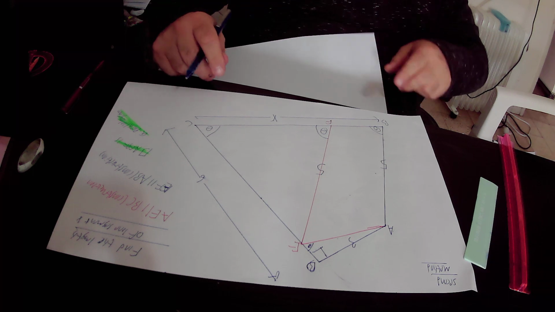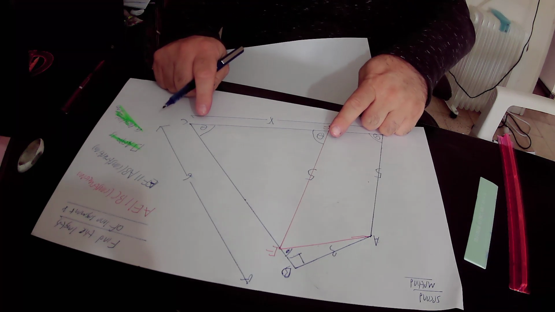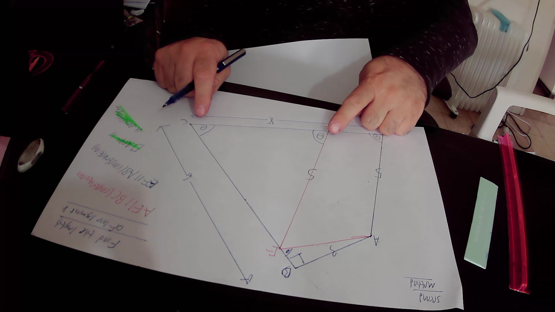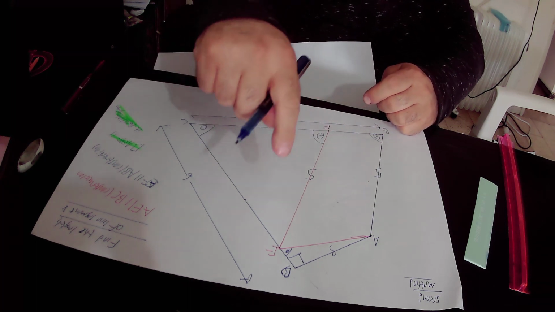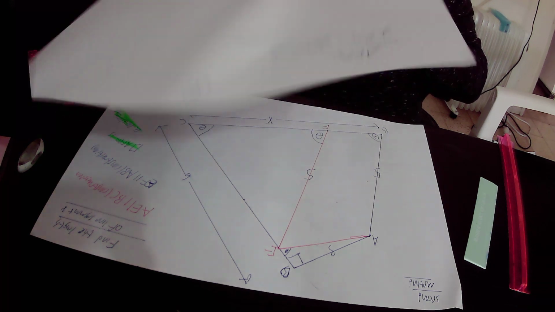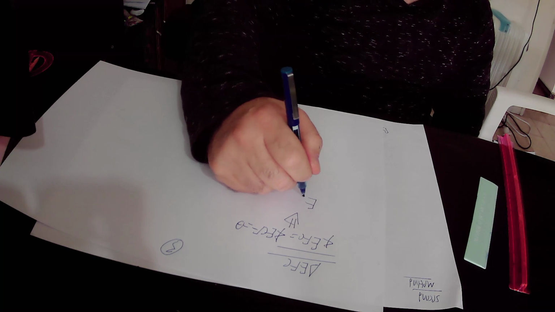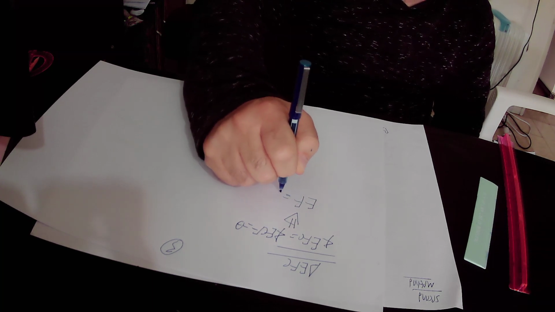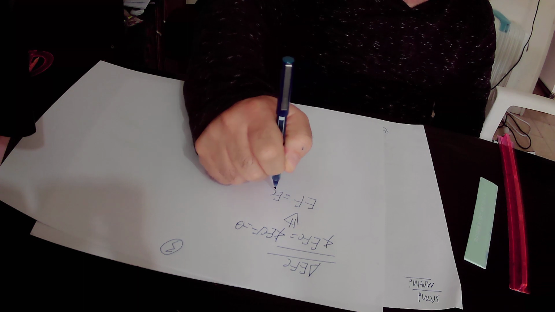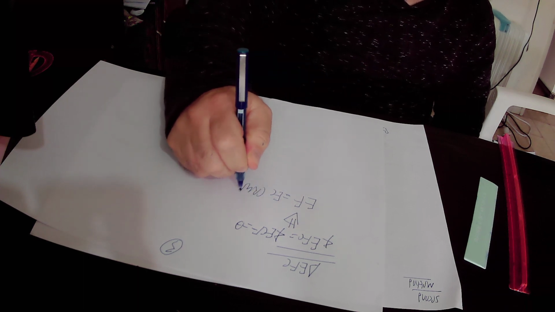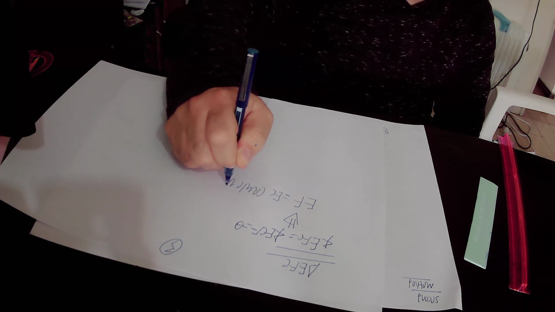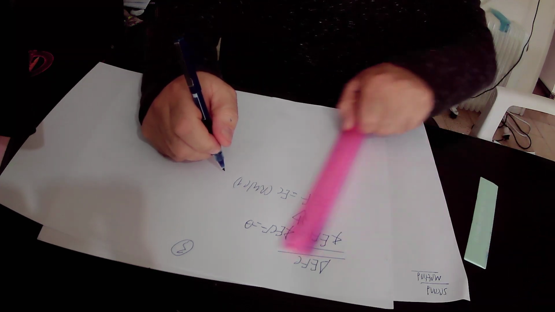Because in triangle EFC those two angles are equal to each other, we will conclude according to rule number 1, that in front of equal angles in the triangle there are equal sides, that EF equals EC.